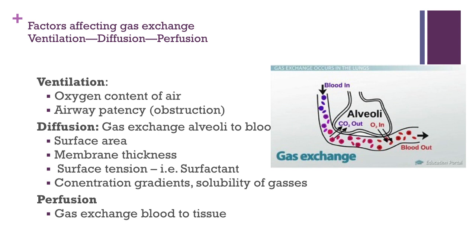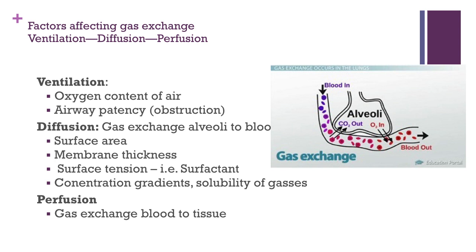Lastly, within diffusion, the concentration gradient and the solubility of the gases affect the movement back and forth across the membrane. If there's a very low concentration of oxygen out in the alveoli, then there's going to be less tendency for that oxygen to diffuse across the alveolar membrane and get into the capillary where it can be transported to other parts of the body. And again, if you have a non-soluble gas, it's not going to want to move across the membrane.